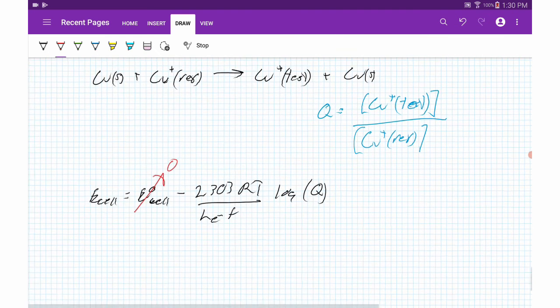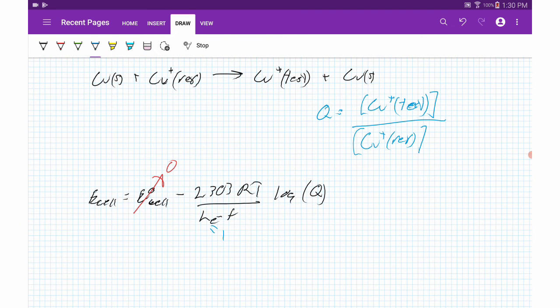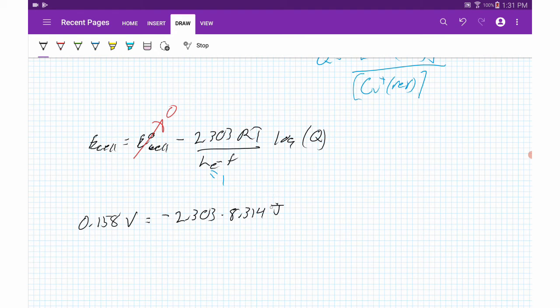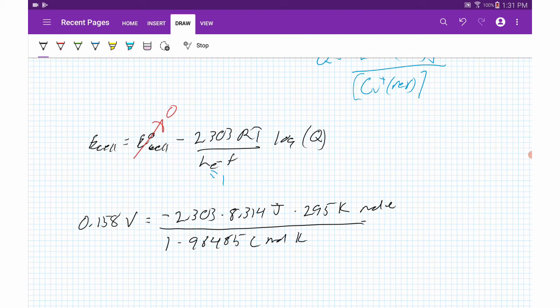So with that removed, we also know the number of electrons transferred in this process is 1. So we can substitute in what we have from our question. And this was at 295 Kelvin. 1 mole of electrons, and that's coulombs per mole of electrons.